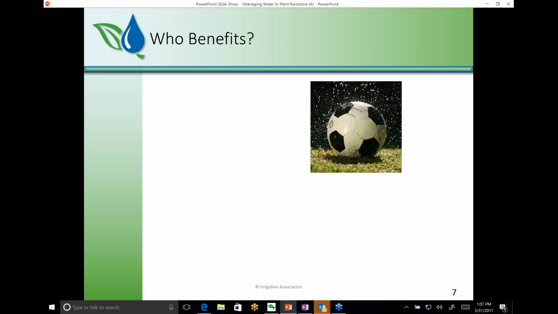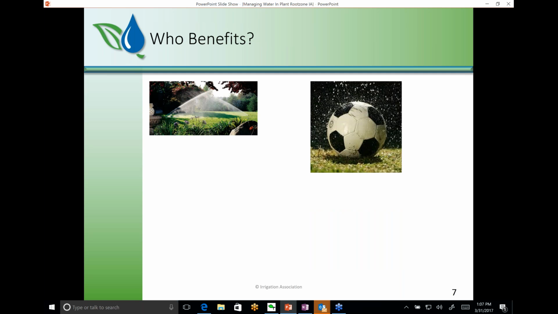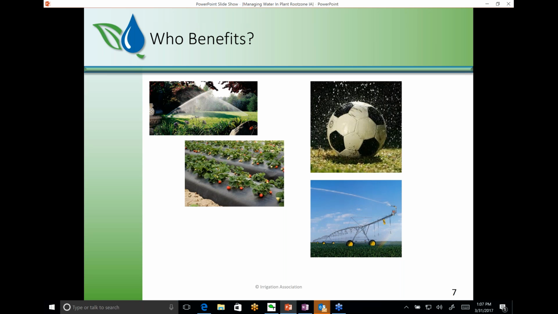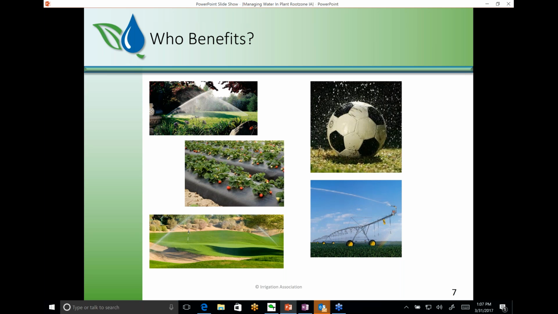Sports turf managers who are trying to produce safe playing conditions for their customers, landscape contractors who want aesthetically pleasing surroundings for their customers, specialty crop growers who are producing crops on sandy soils, which can often be a challenge, large crop producers who are trying to maximize their yields by using less water, and finally, golf course superintendents trying to produce firm, fast playing conditions for their customers.